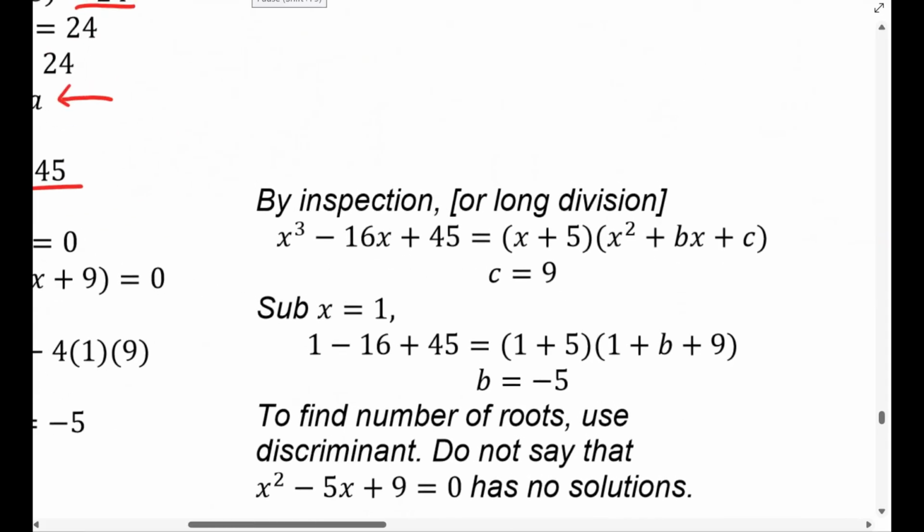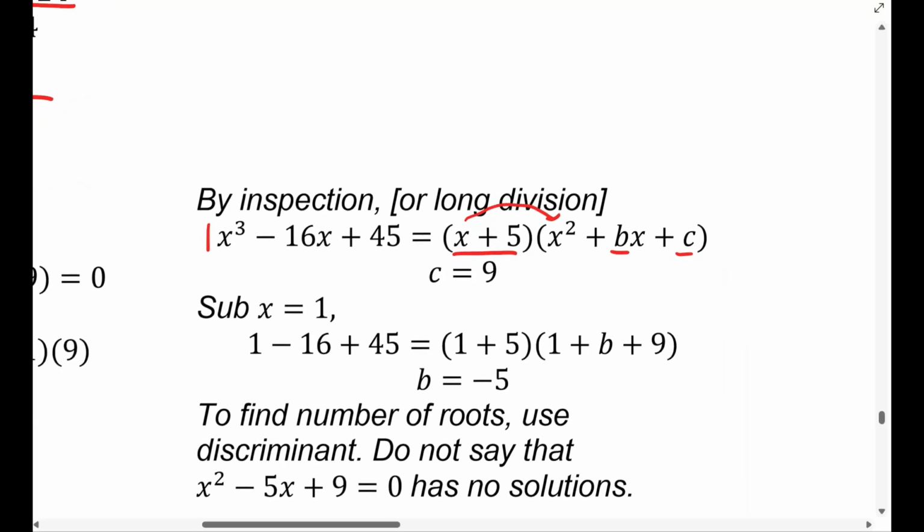So our first bracket is x plus 5, and then your remaining quadratic can leave your unknowns as b and c. Direct comparison for your highest power of x first, the x cubed, you will see that in front the coefficient is just 1, and on the right hand side it's also just x cubed already. So for the first one, technically you don't even need to add an unknown like a, because you can just tell that it's 1. Like a will be equal to 1.